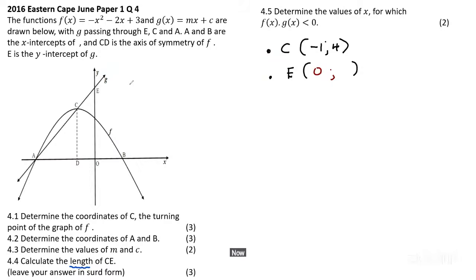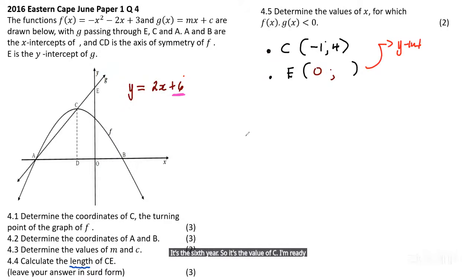The point E lies on this equation, 2x plus 6. E is a y-intercept. And for a typical equation, the y-intercept is the value of c. It's the 6 here.